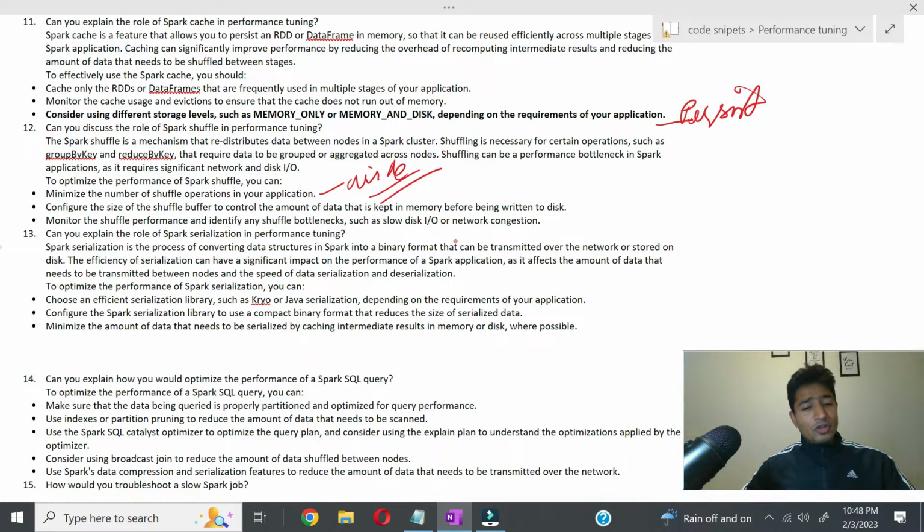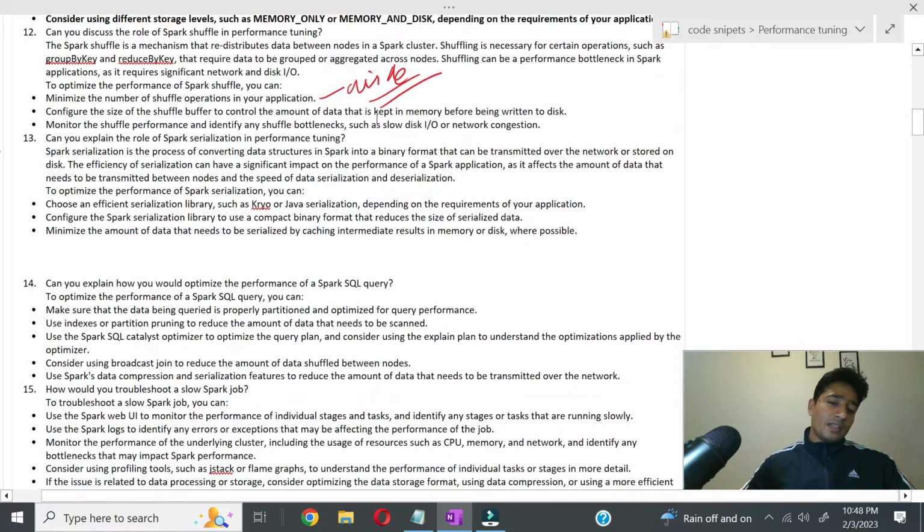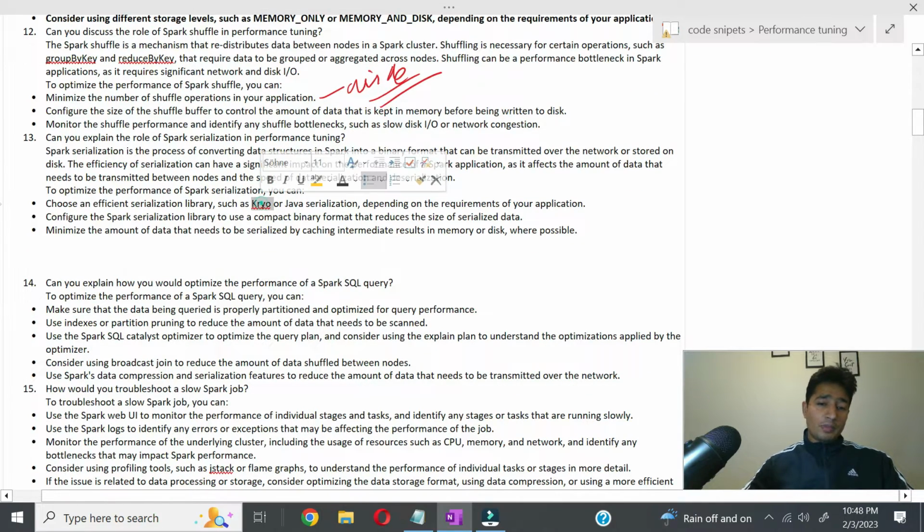Minimize the amount of data that needs to be serialized by caching intermediate results in memory or disk where possible, right? So the important bit is Kryo. People do ask about it a lot. What is Kryo serializer? So Kryo serializer is a serializer which will compress the data. It's more efficient when we use it with Spark, right?